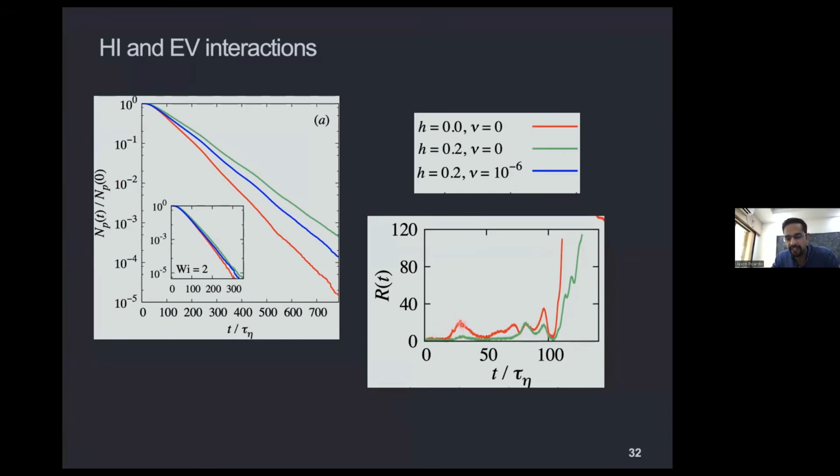The free draining chain is the red one. It uncoils, as you can see here. A typical simulation with hydrodynamic interactions shows that it uncoils later, of course in the same flow. In time you can also see there are more probabilities for larger excursions and eventually faster uncoiling if you don't have hydrodynamic interactions. This is well known even from laminar simulations, and that explains why it delays scission.